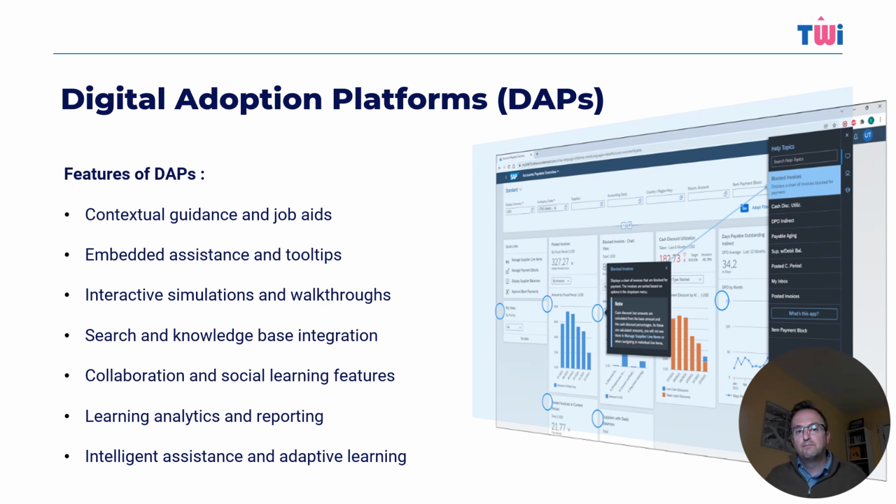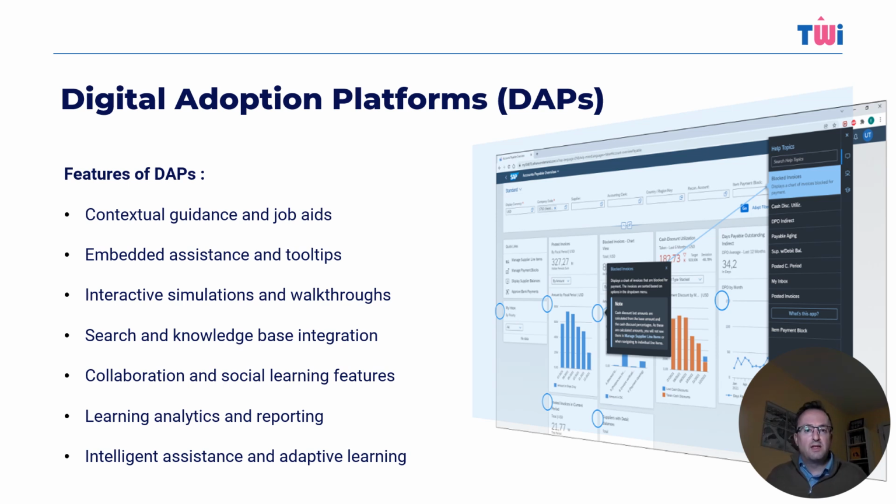Integration with knowledge bases or content repositories, allowing learners to quickly access relevant information, troubleshooting guides, or best practices. They include collaboration features such as discussion forums, chat functionality, integrated communication channels, facilitating peer-to-peer learning and problem solving.